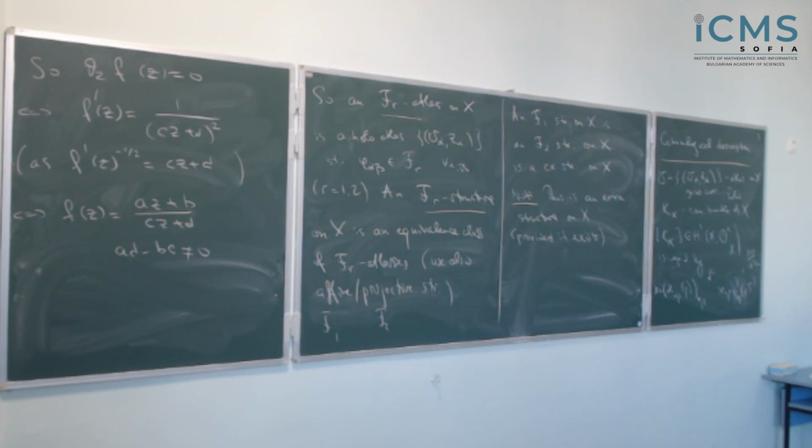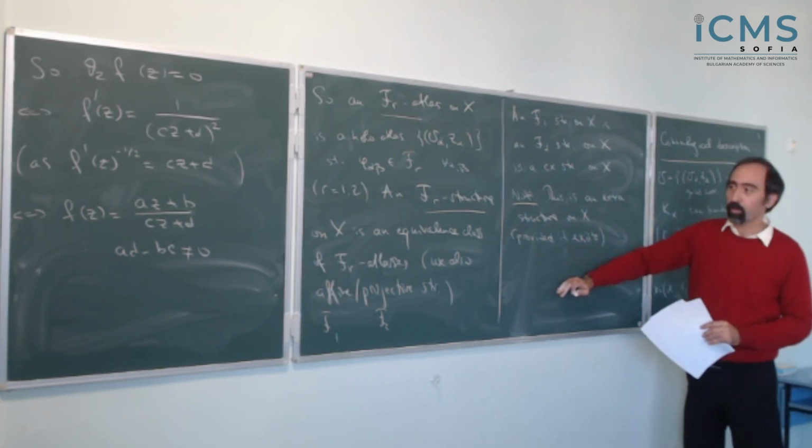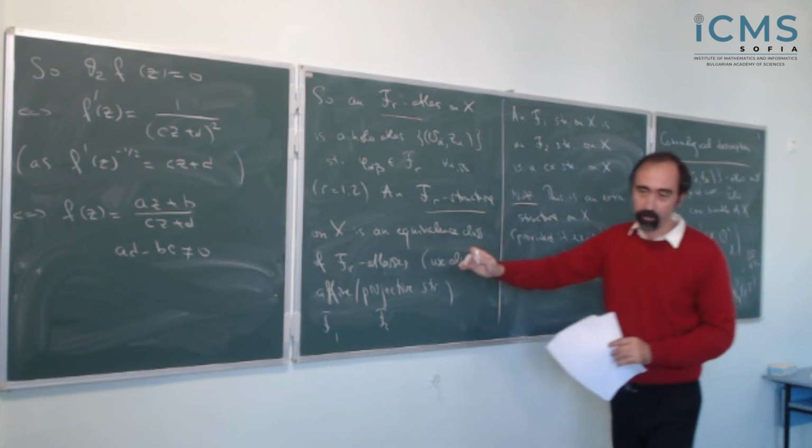Now, essentially, the chain rule that we derived will allow us to think of the F1 or F2 structure as a certain cocycle.